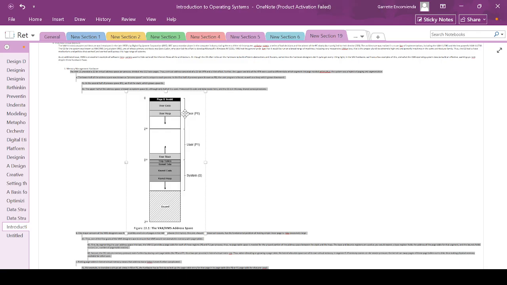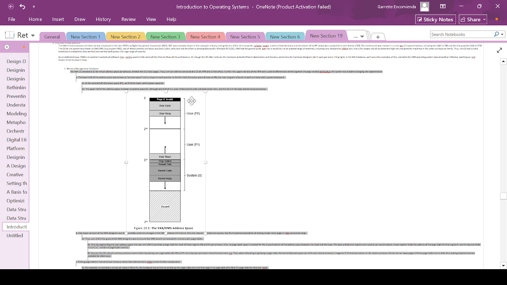In the first half of process space, known as P0, the user program is found. So this is where the user code and heap are, and page 0 is invalid. Notice we don't have the stack yet in P0.